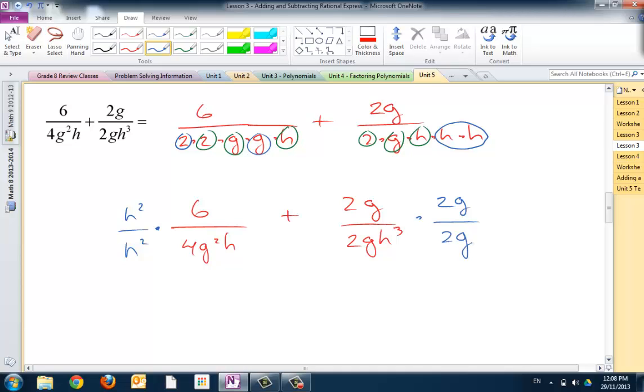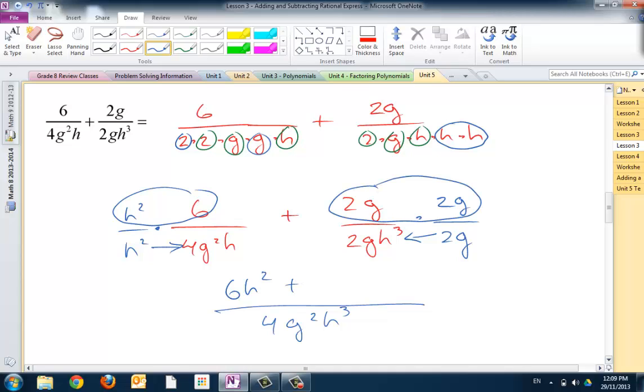So that gives us a common denominator of 4g squared h cubed, right? So that multiplies onto that, gives me 4g squared h cubed. This multiplies onto that, gives me 4g squared h cubed. In the numerator here, I've got 6h squared, plus here I've got 4g squared.